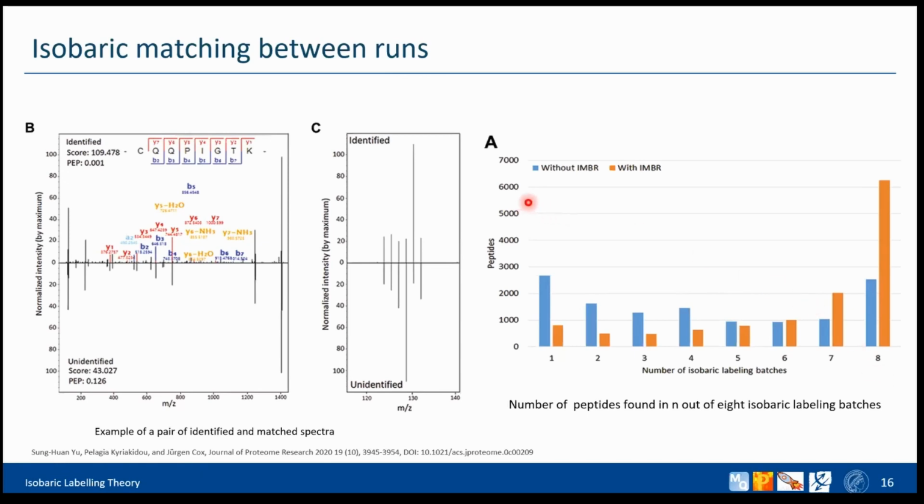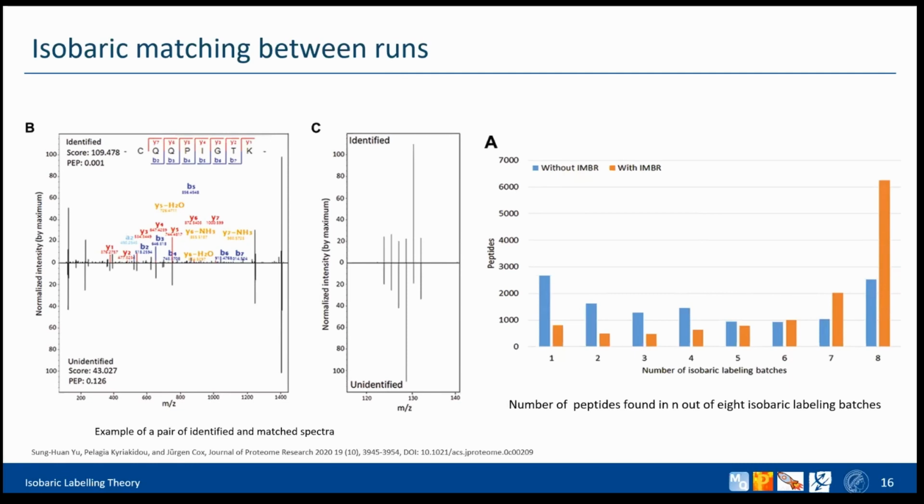If you compare the orange bar, which means isobaric matching between runs was on, and blue, where it was off, it explains that this is a very good idea to boost your identifications, or actually multi-quantifications.